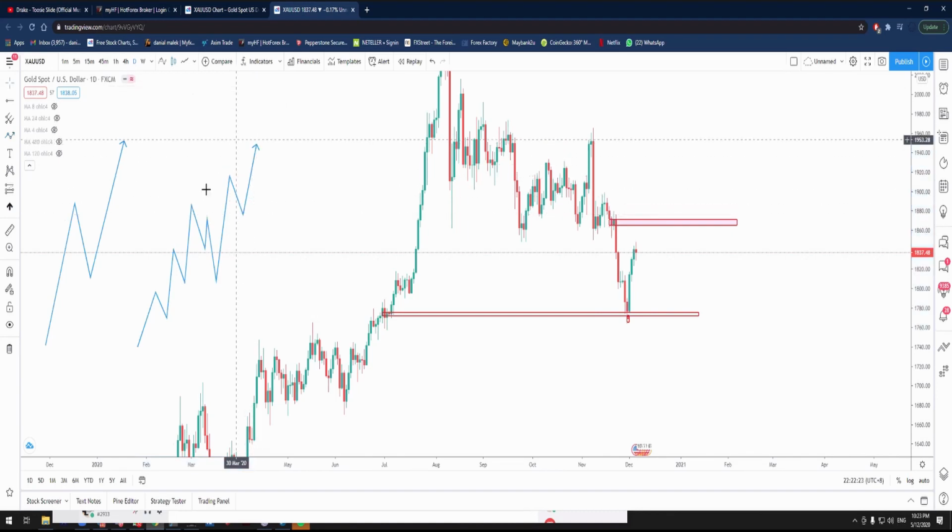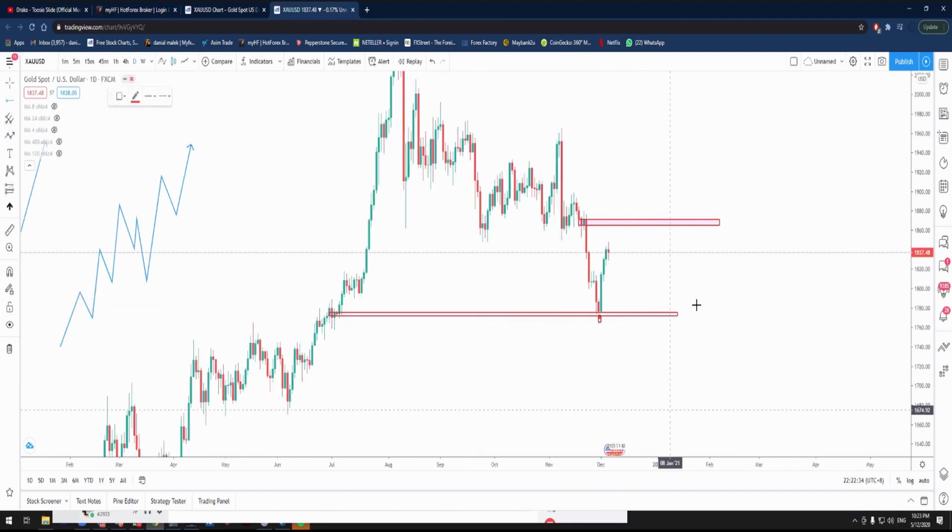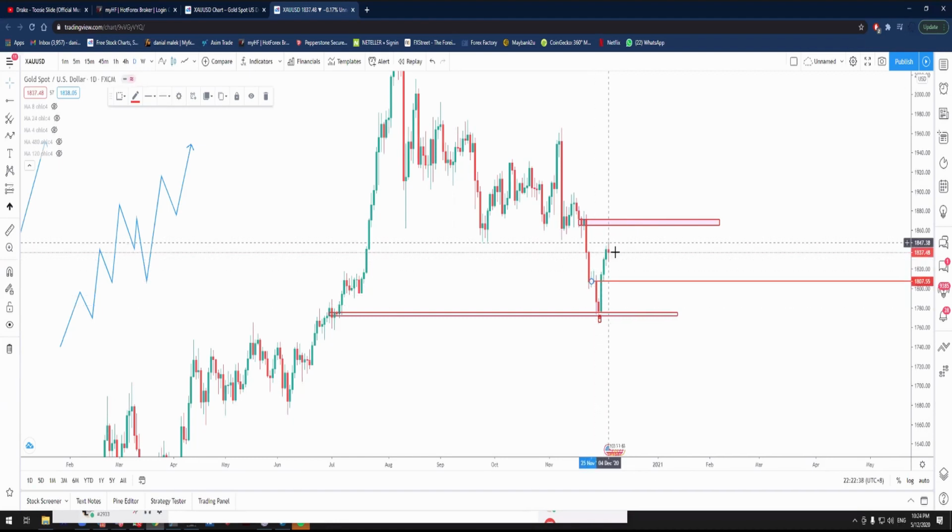Macam ni lah, itulah. Ni weekly, ni daily. So dalam daily mungkin sampai sini dia akan buat new structure high, dia akan pull back balik. Sebab dekat sini, kenapa saya cakap dia boleh pull back? Sini dia dah buat new higher high. So dia akan buat new higher low.